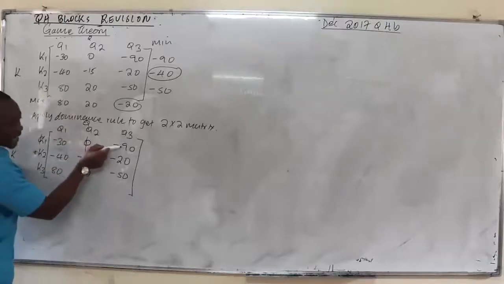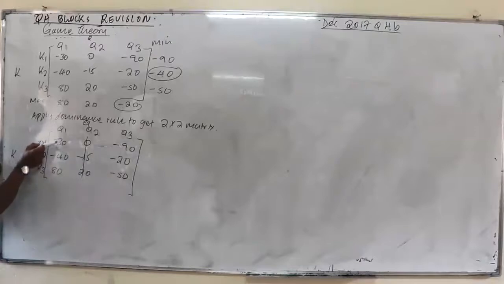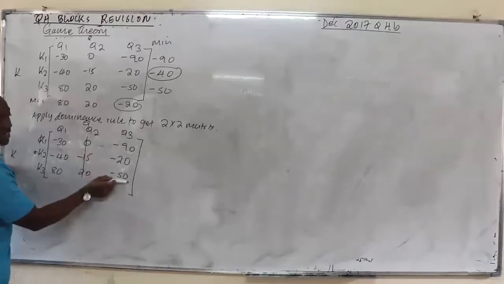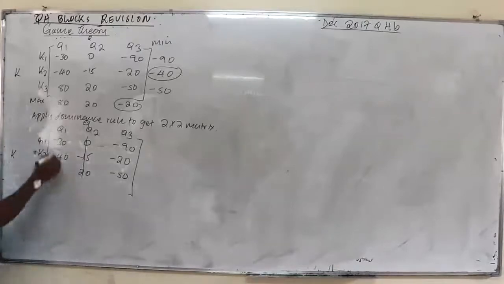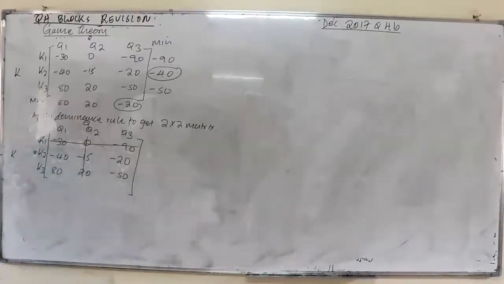Is negative 90 less than 50 and negative 50? Yes. So that means you cancel which strategy? Is it K1 or K3? Good, you cancel K1. So it has now reduced to a 2-by-2.